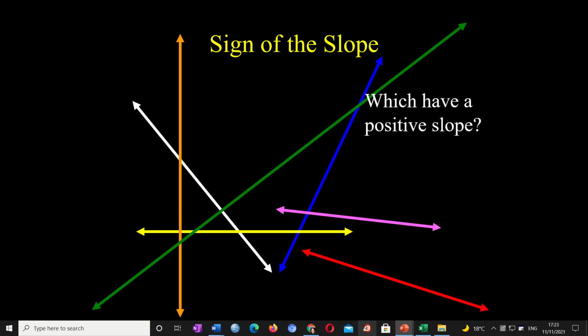Let this be the last slide because I think that you are all tired. Yes, what do you think? Which ones are positive? Which colors have positive slope?